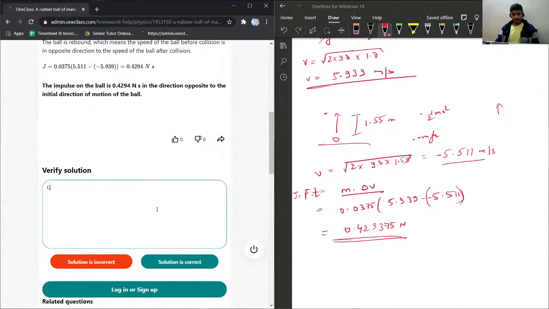The given solution is correct, good work.